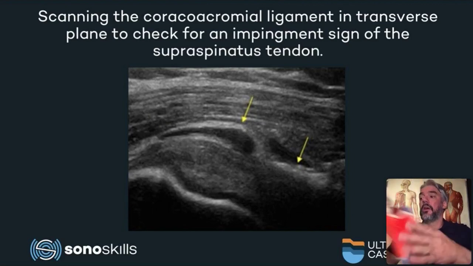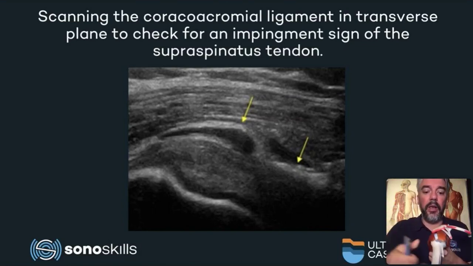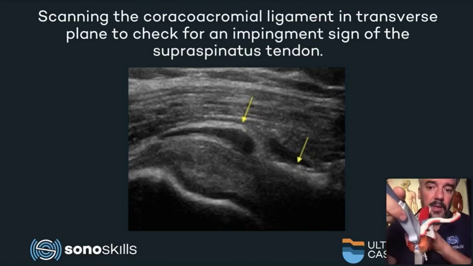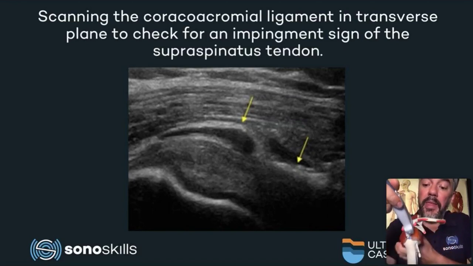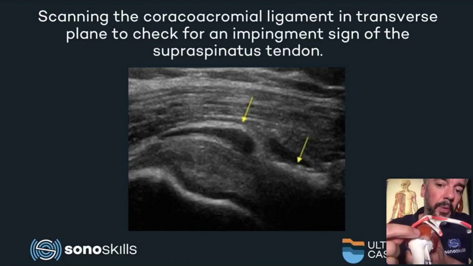And if we're scanning the shoulder dynamics with abduction, you can do this at the acromion level. In that case, we're assessing the posterior part of the supraspinatus.